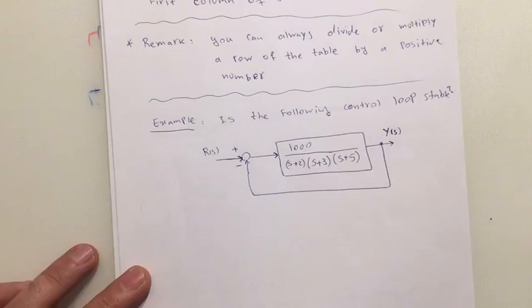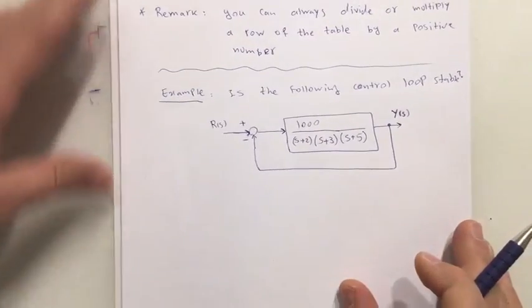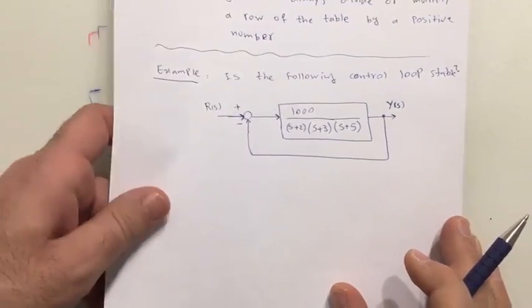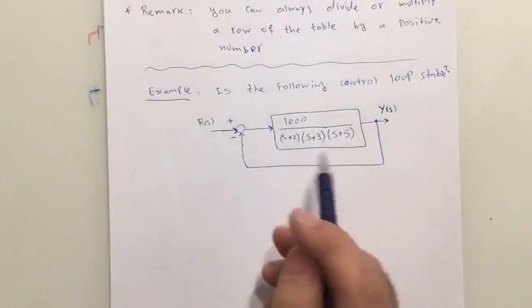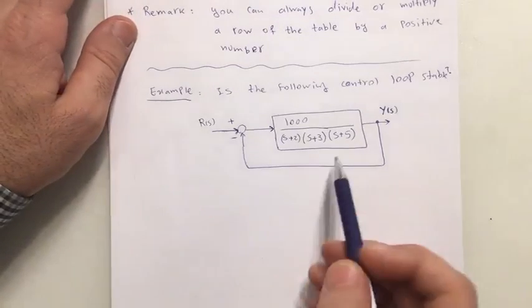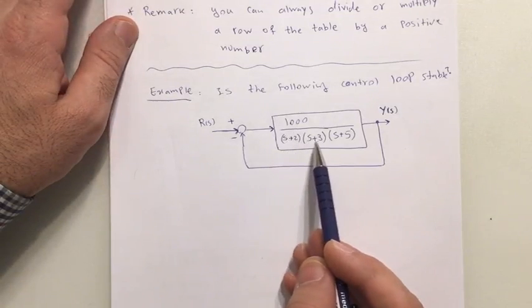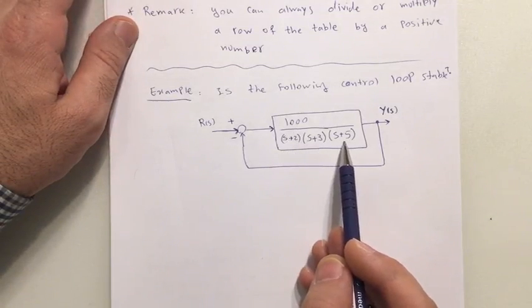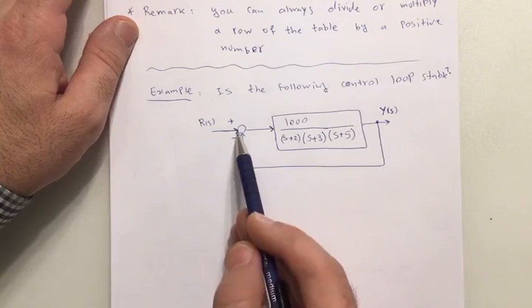Okay, let's see one example. The example I have here is a control loop, and the question is whether or not this control loop is stable. We have a transfer function 1000 divided by (s plus 2)(s plus 3)(s plus 5), and there is a feedback loop around that.